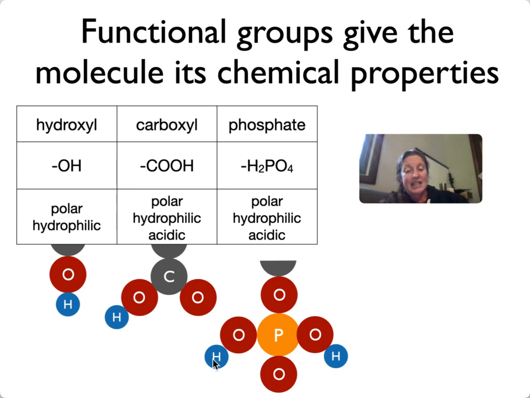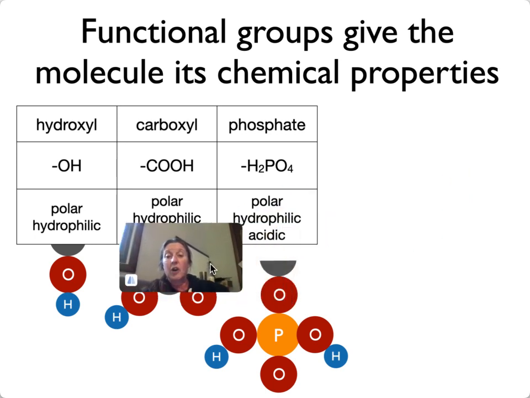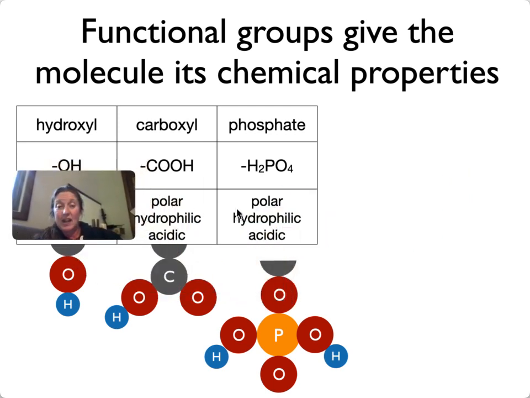And as you can see, this also has that OH pattern, which means that this molecule is also polar, is also hydrophilic, and similar to the carboxyl group, is also acidic. Now, phosphate groups are also very reactive. So they like to bond with things and then break the bond. And that's going to be very useful in a future topic.